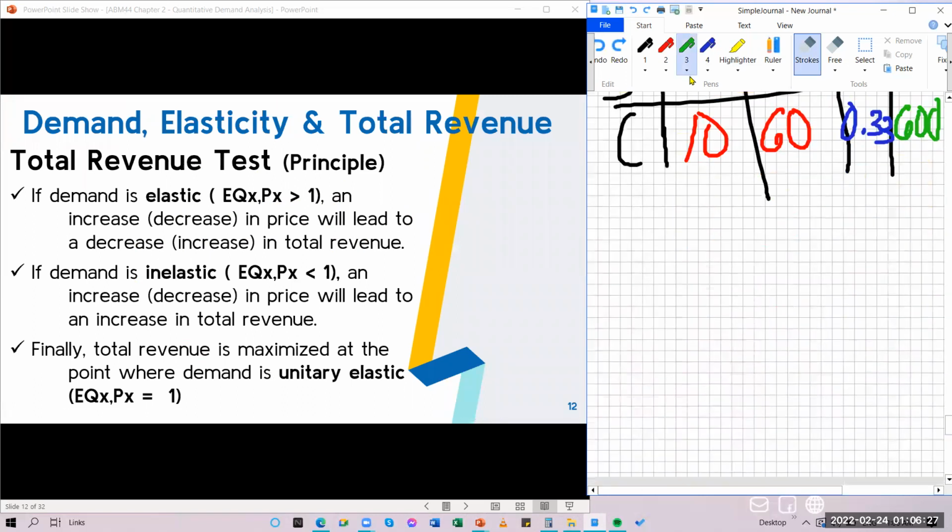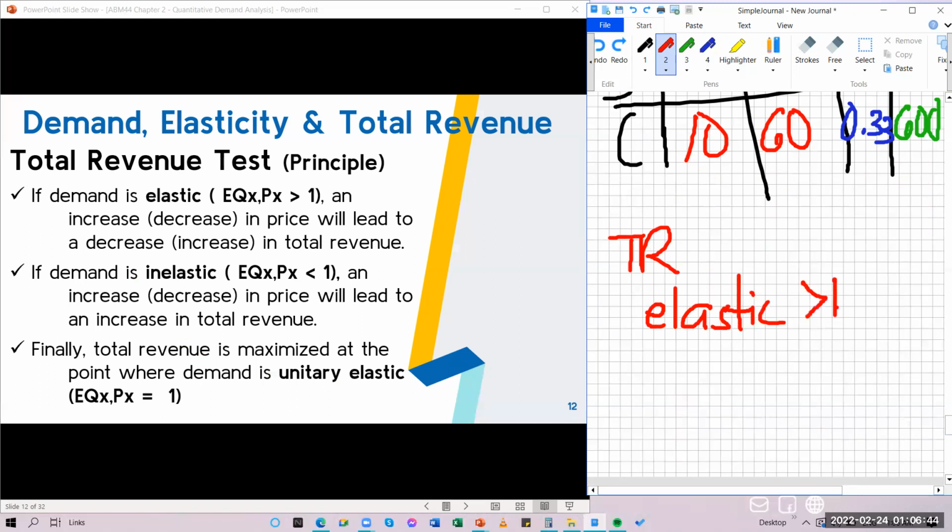Okay, that is the interpretation. So, as you can see, if it is elastic, this is under total revenue. I want you to take note of this one, okay? So total revenue, if it is elastic, I hope you can see it clearly.